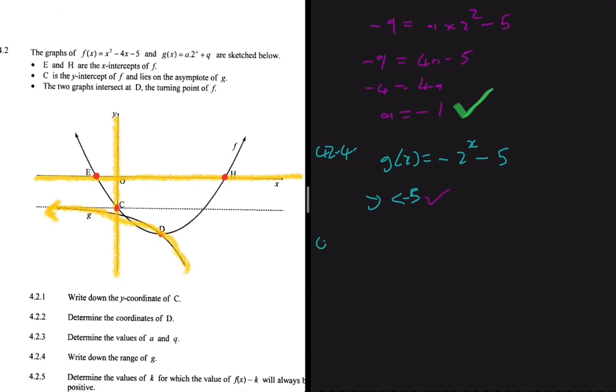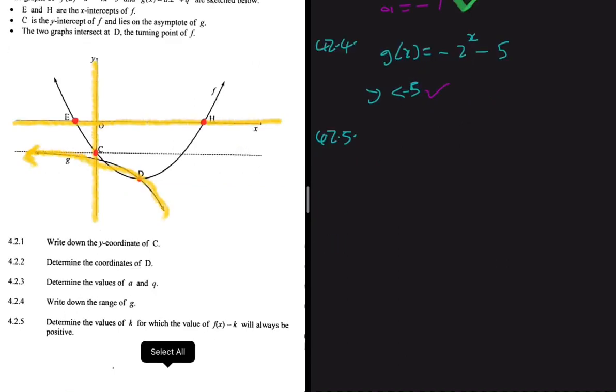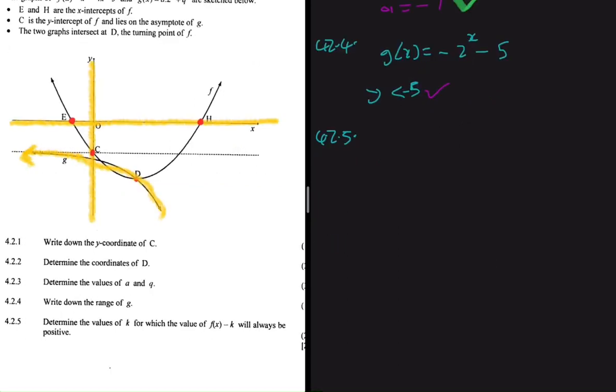So 4.2.5: determine the values of k for which f of x minus k will always be positive, right? If we come to the graph of f of x here, our turning point is at D, where the y value is minus 9.